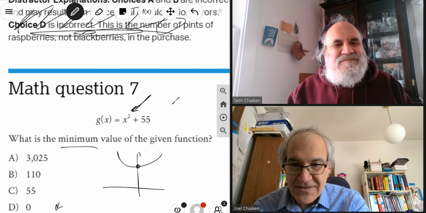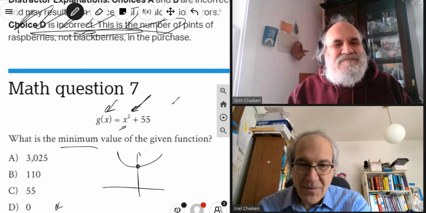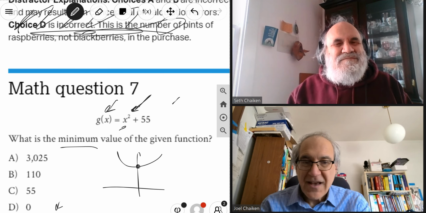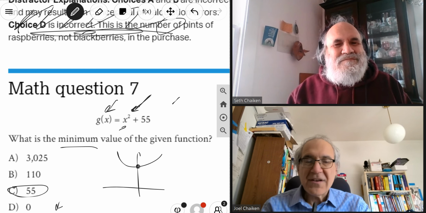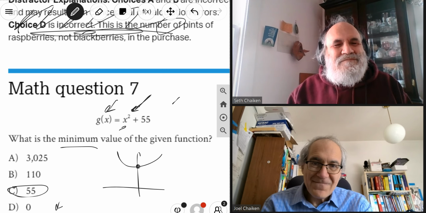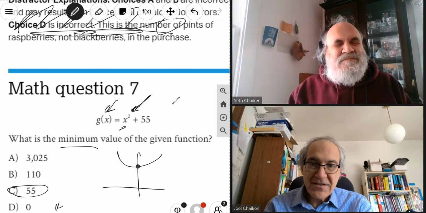Minimum means the lowest g of x value, the lowest y value this function can obtain, and it's when x is 0. So it looks to me like it's 55. Hopefully you can do this question in about 2 seconds. That would be the goal. Hopefully you have enough practice so that you do this problem virtually instantly.